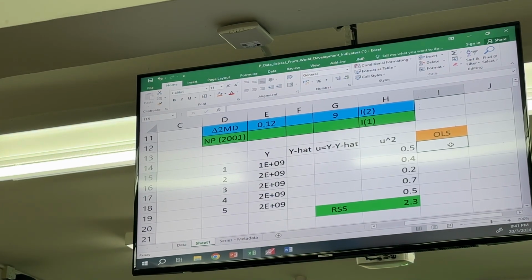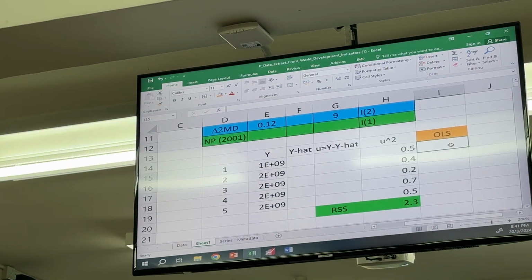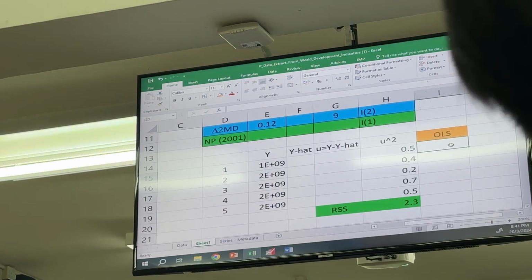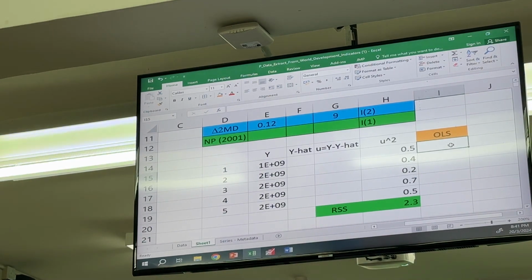as small as possible. Why do I want to do that? Because if we have a very huge variance, a very huge standard error, it will make our parameter estimate biased. So we want to minimize the residual sum of squares as small as possible. This is the data point, and this is my y head, my estimated value.